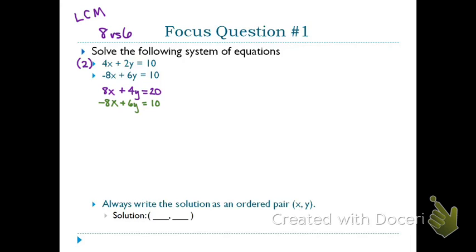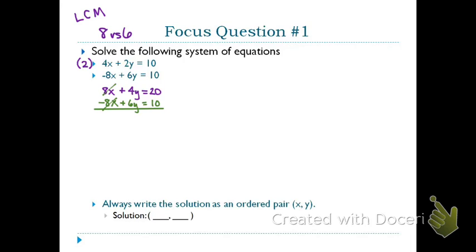Now when we line these up, notice how what we originally had as 4x and negative 8x were not a zero pair. Nothing canceled, but the way we set this up now, we have 8x and negative 8x. Those would indeed eliminate. Great, so we're good to go.